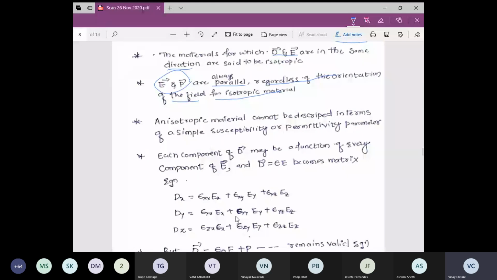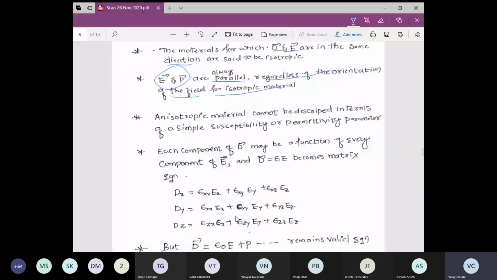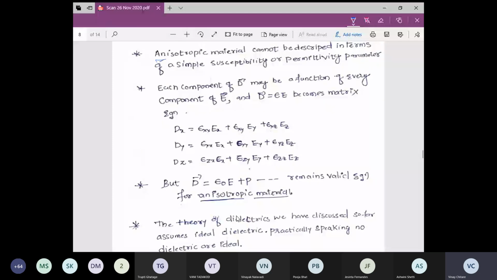Before we leave this, for an anisotropic material the relationship cannot be described by a simple D equal to epsilon times E. In that case, each component of D is a function of all the components of E, and they are related by a matrix relationship.